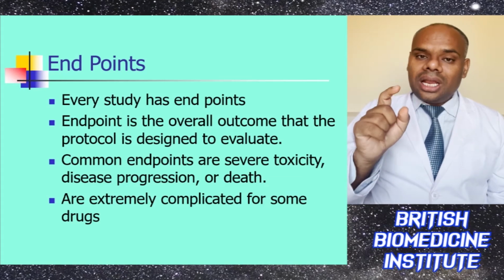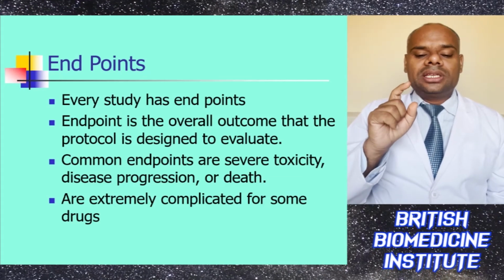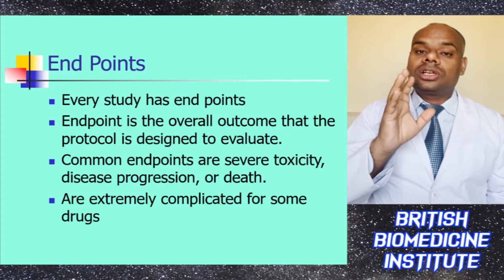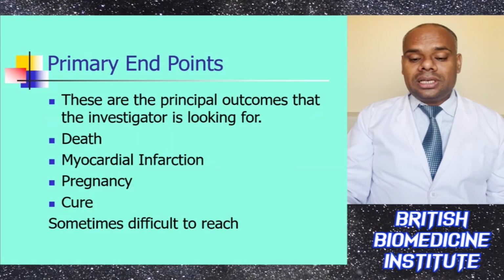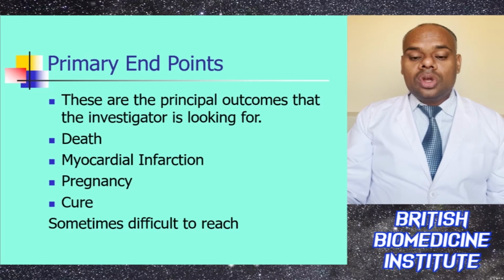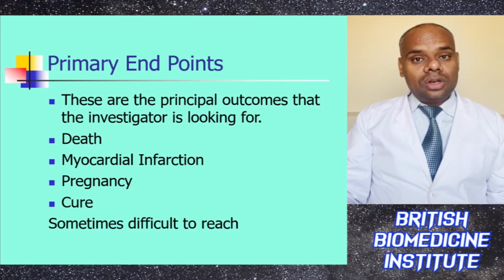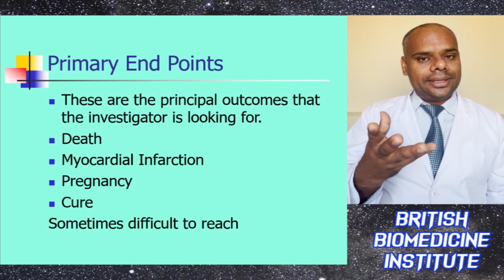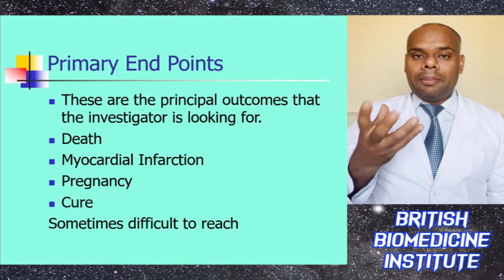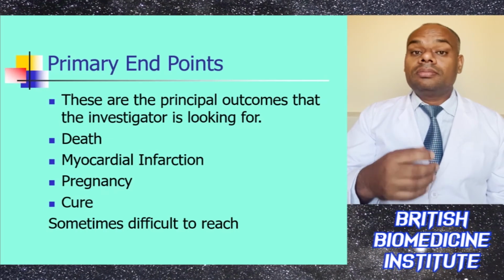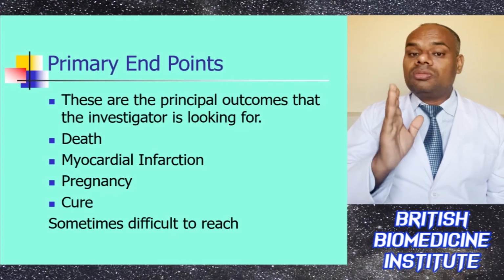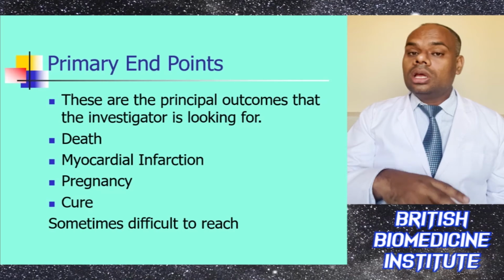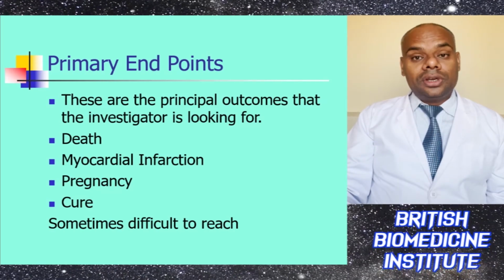And there are some extreme complications for some drugs also. The primary endpoints are basically the principal outcomes which the principal investigator looks after, like death or MI, myocardial infarction, pregnancy and cure. And sometimes primary outcomes are also difficult to reach.